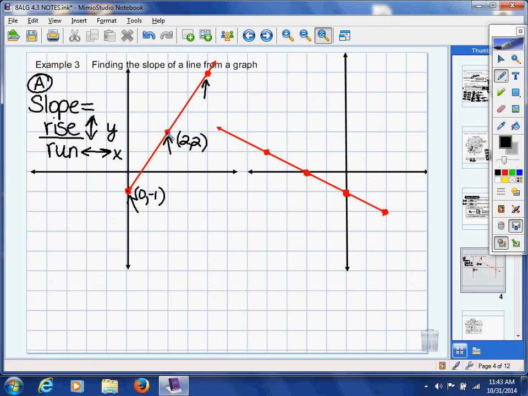Okay? So let's start down here at the bottom at 0, -1. Now I'm going to go straight up. That's rise when you go straight up. So I have to go up because my point that I'm trying to get to is above me. So I'm going to go up 1, 2, 3. Okay?